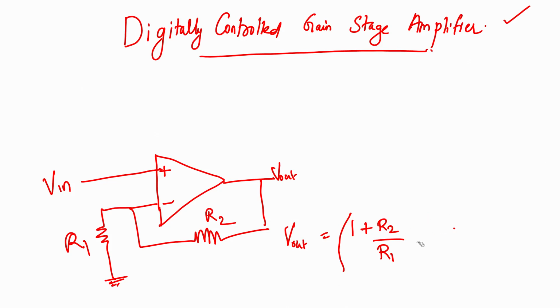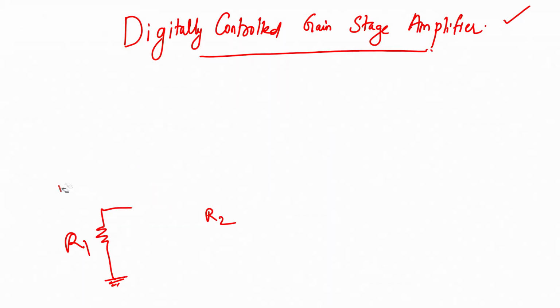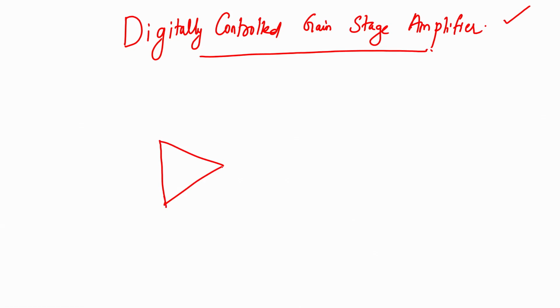So these things you already know, these are the basics of an amplifier, inverting and non-inverting. This is a non-inverting amplifier. Same way, how does the inverting amplifier look like? Quickly let us go through it. You have the op amp again, you have the output, the inverting terminal and the non-inverting terminal. The non-inverting terminal is grounded.